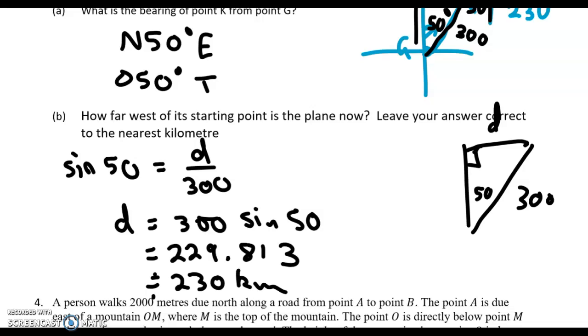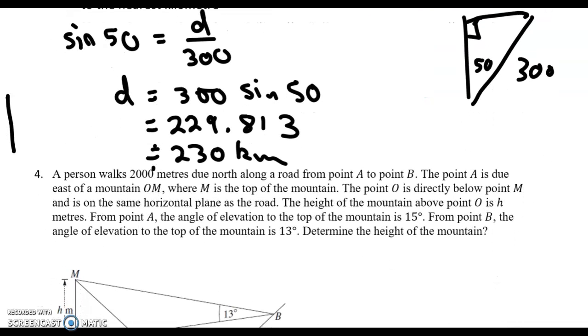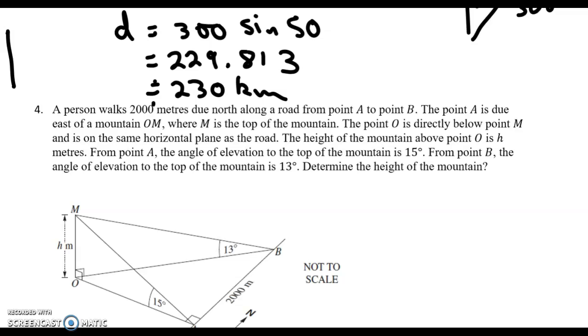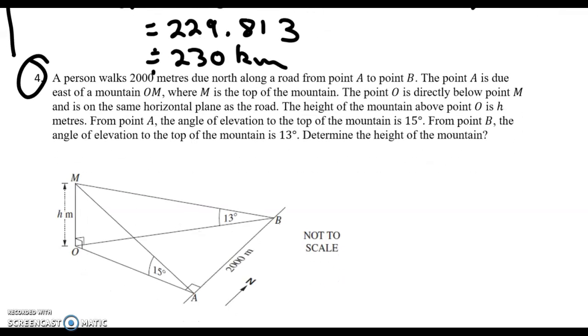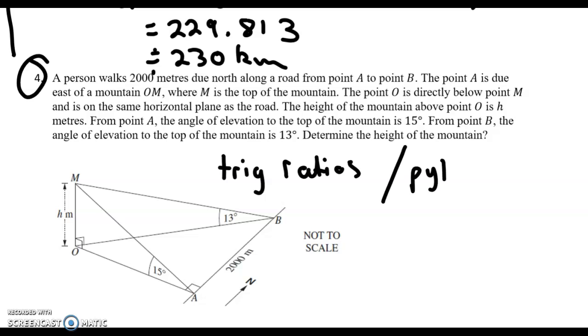Okay, so let's just have a quick look at a bearings question. Now, question 4 is quite a challenging question involving bearings, and this also involves some three-dimensional trig. And it's all right-angled trig, and the main things you need to use for this question are the trig ratios, and you also need to combine that with Pythagoras.